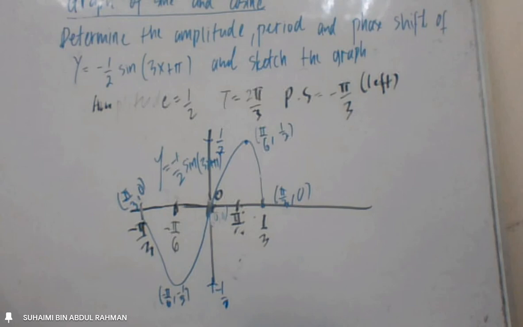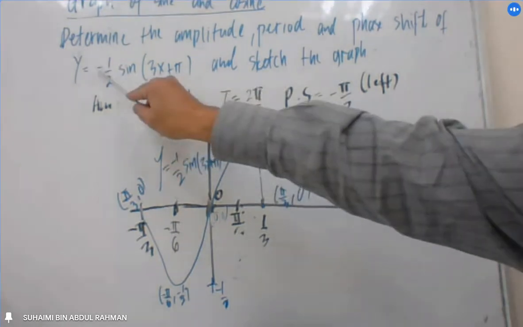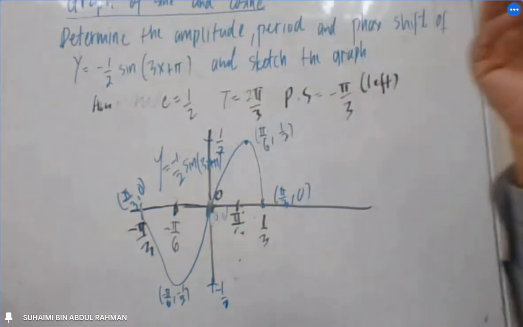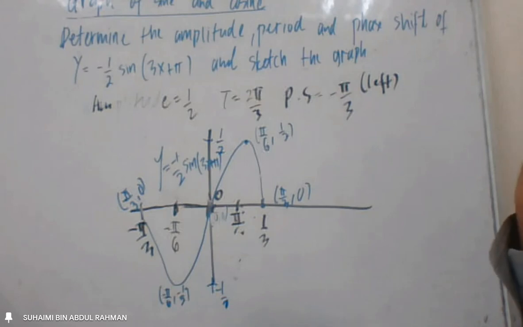Because of a negative here. Because of the negative sign. Oh, thank you, sir. Same like the previous one, because a negative sign means reflection.